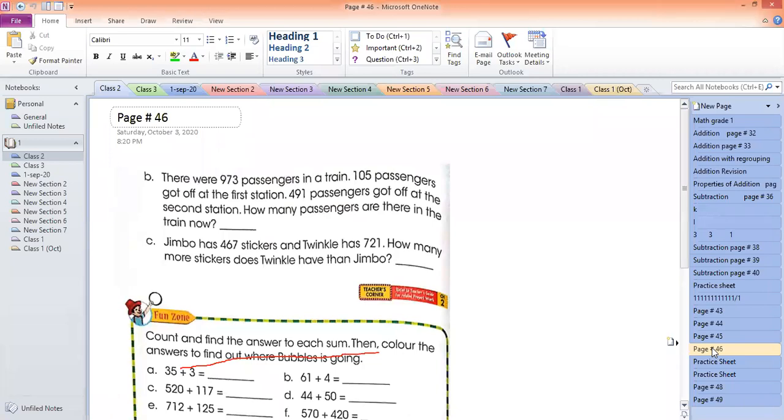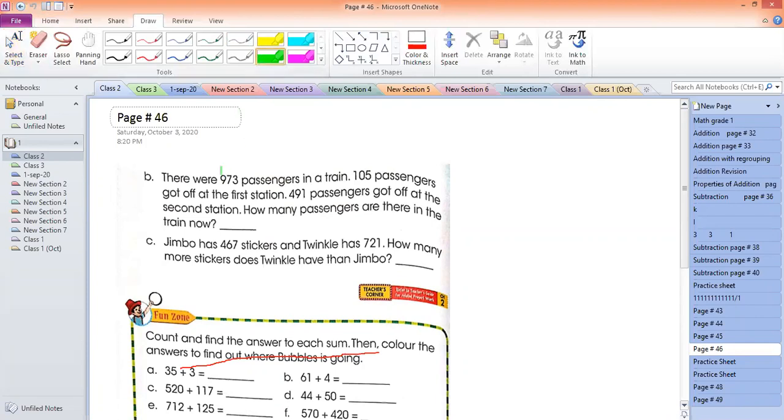There were 973 passengers in a train. 105 passengers got off. That means they left the train at the first station, and 491 passengers got off at the second station.